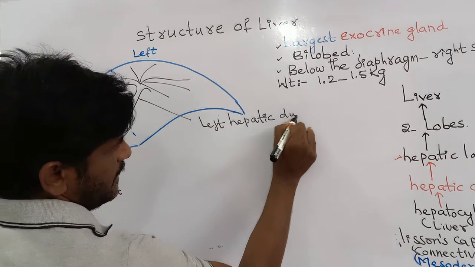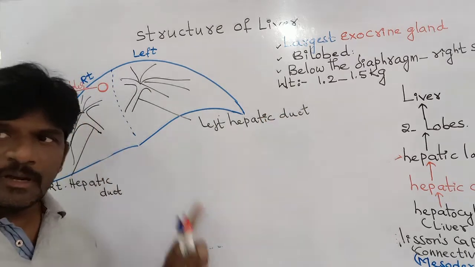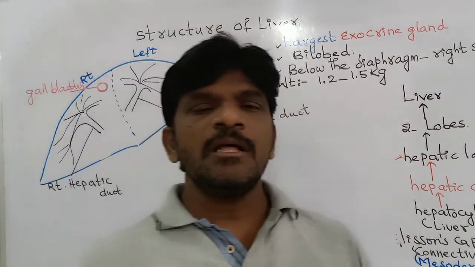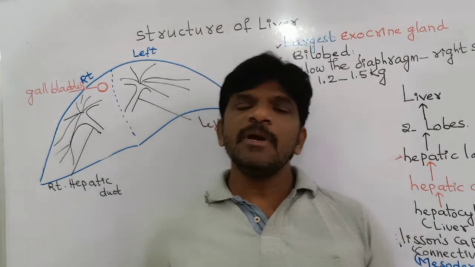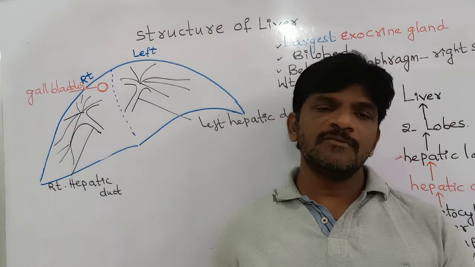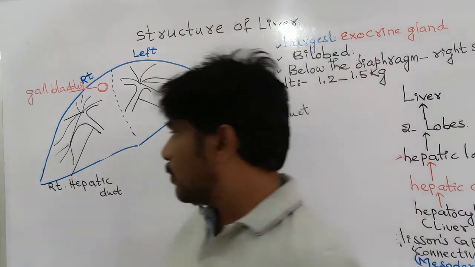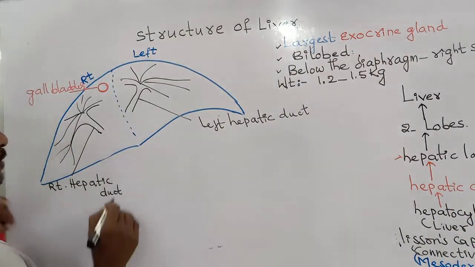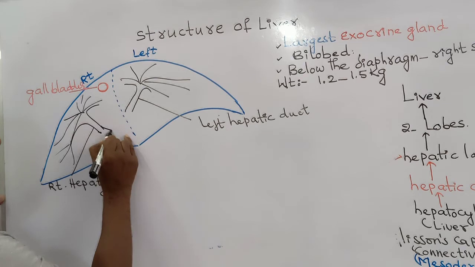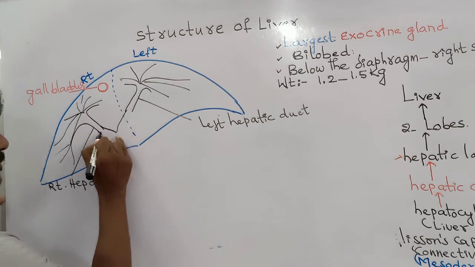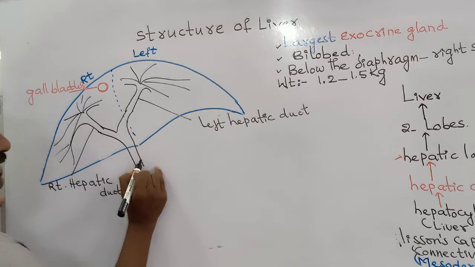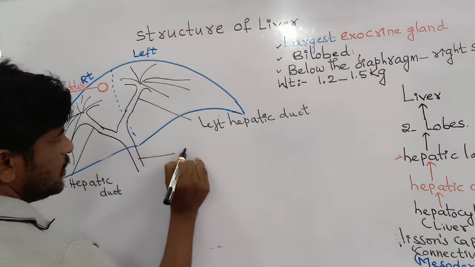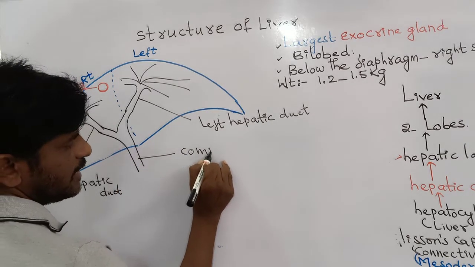The right hepatic duct collects the bile juice from the right lobe. The left hepatic duct collects the bile juice from the left lobe. These two, the right and left hepatic ducts, combine to form a common hepatic duct. This is called the common hepatic duct.